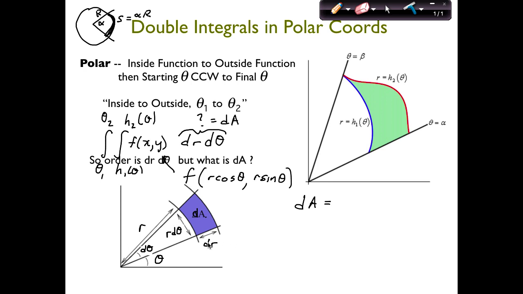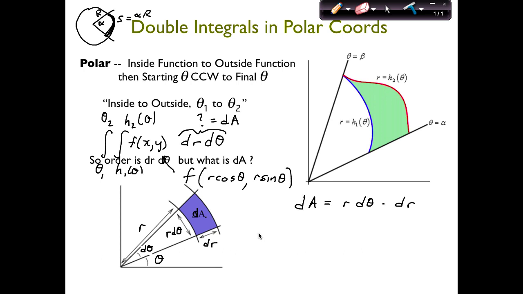Just treating it as a rectangle, it's like base times height, so it's going to be r d theta times dr. So remember, the key is that d theta is not length. It's like a little bit of openness.